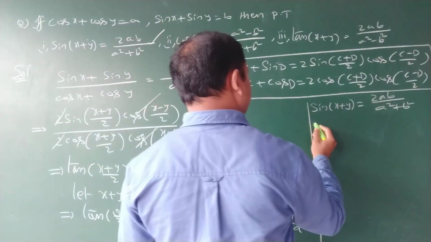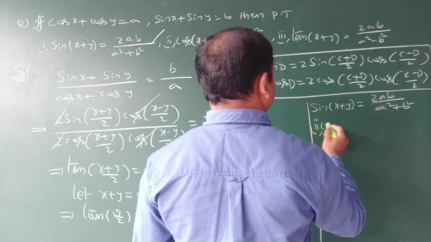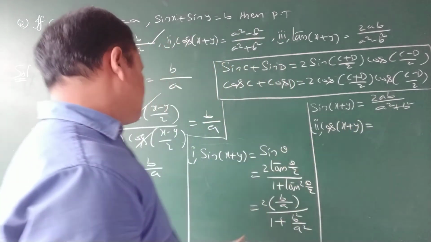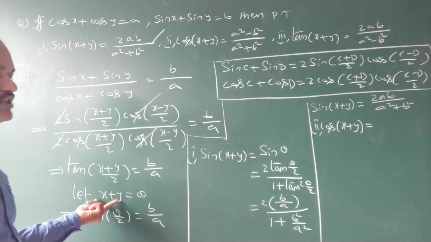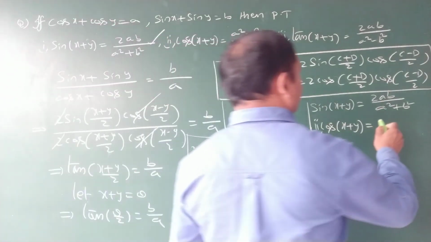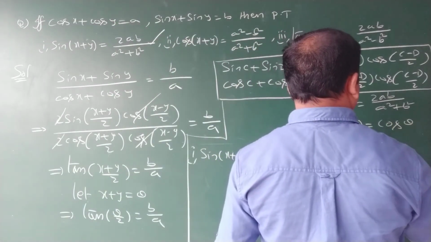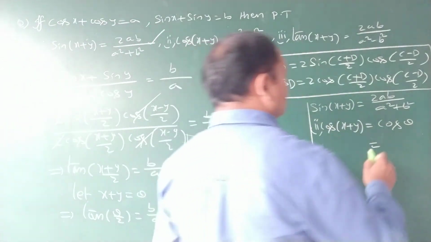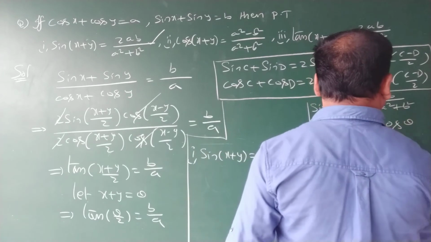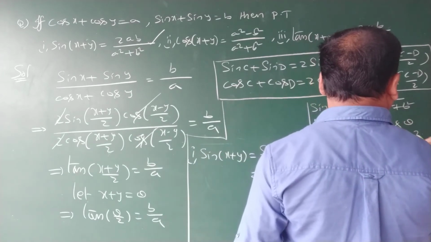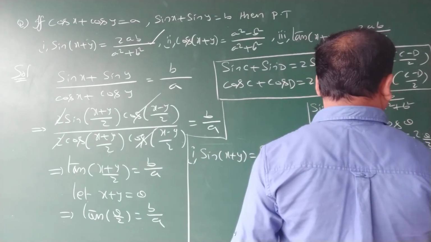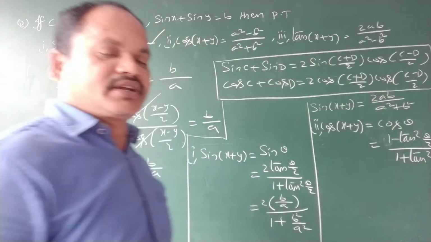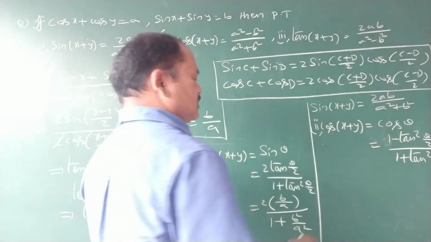Now the second, that is cos(x plus y). What is x plus y actually? x plus y is theta, so cos theta. Cos theta in terms of tan(theta by 2) is 1 minus tan square(theta by 2) by 1 plus tan square(theta by 2).